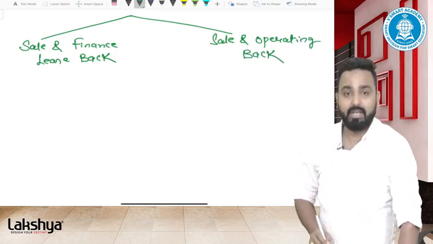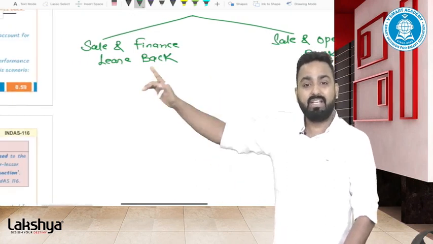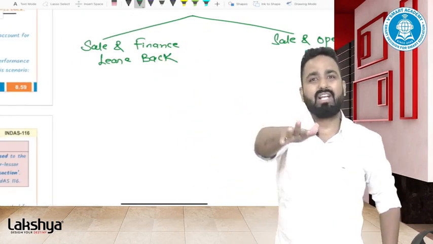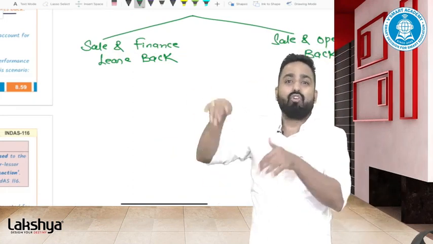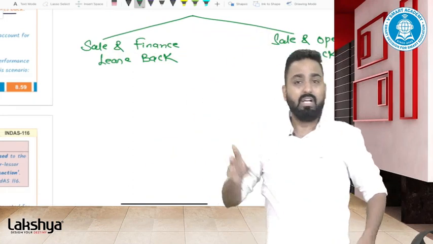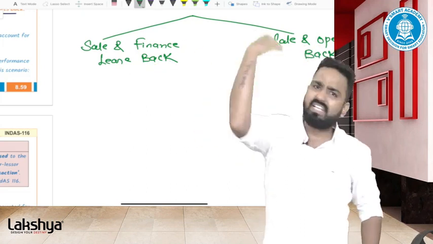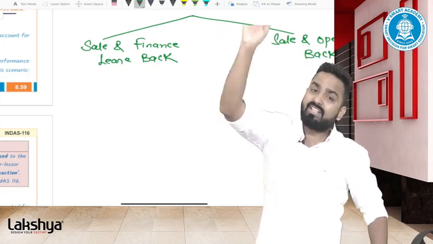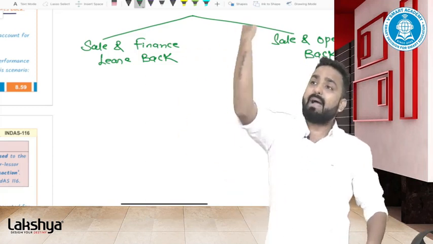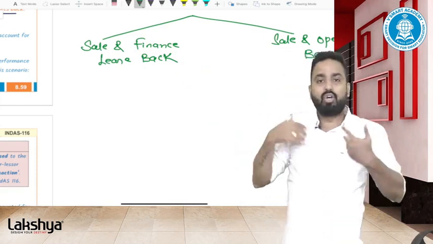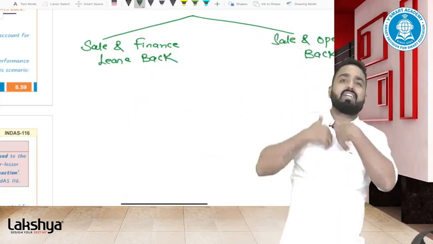Guys, if you try to understand, in case of sale and finance leaseback, actually the control has not been passed. The control over the asset has not been passed to the buyer, since first of all I am selling the asset, I transferred the legal title. Then at the same time I am taking back my asset on lease for lifetime. Technically it is a finance lease. So I am taking all the risk and rewards again.